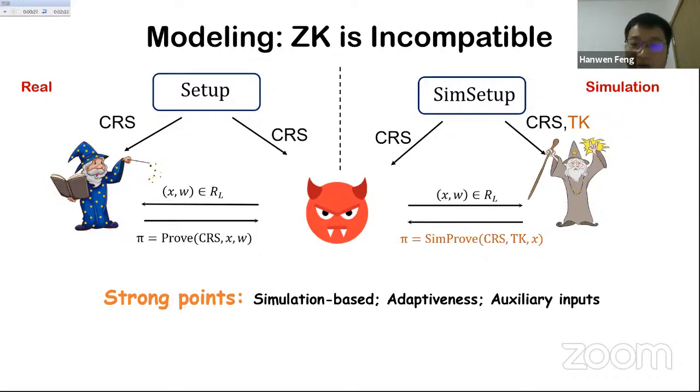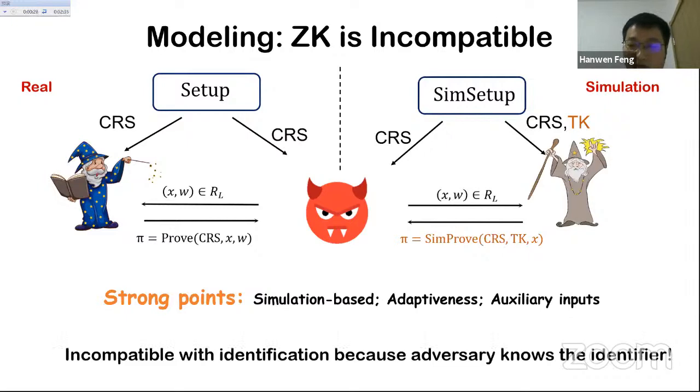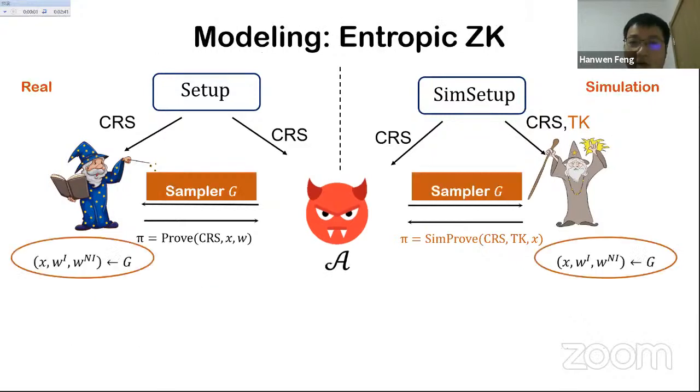However, since the adversary already knows the identifier, she can leverage the identification to break ZeroKnowledge. To get around this trivial impossibility, we present a new definition, entropic ZeroKnowledge, in which the adversary can only specify a sampler instead of a concrete statement and witness for proof.